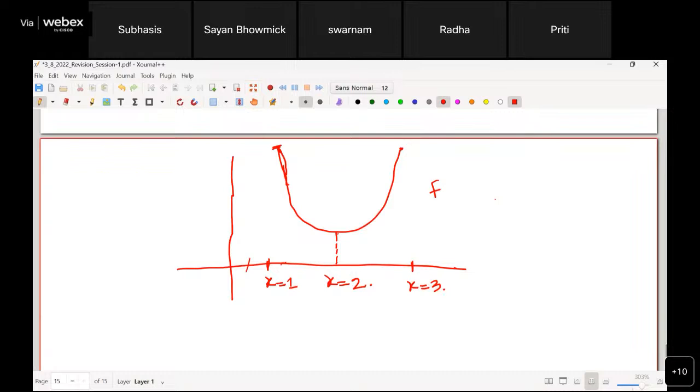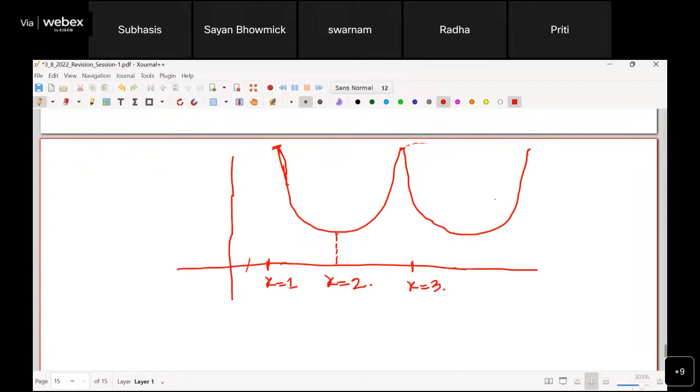From x equals 3, there is another half parabola going up. Suppose you have another parabola like this, just like this.